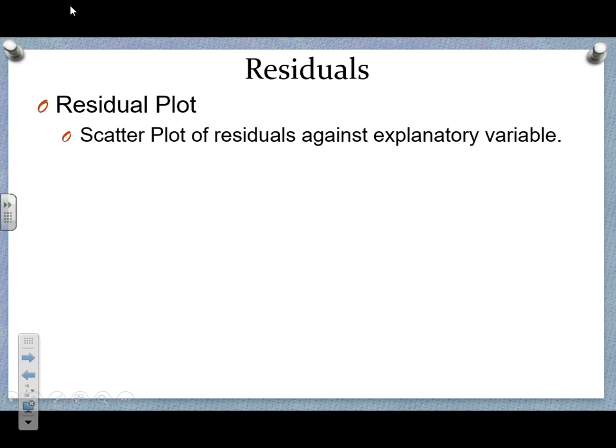You're going to see some sort of curve emerge. And that's not a good sign. That means that your scatter plot was not, in fact, linear, which means a linear model may not be appropriate for that particular set of data. Okay? So the residual plots can sometimes tell you things about the association that the scatter plot cannot.